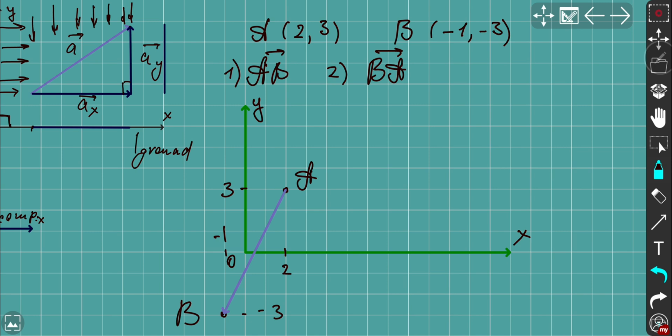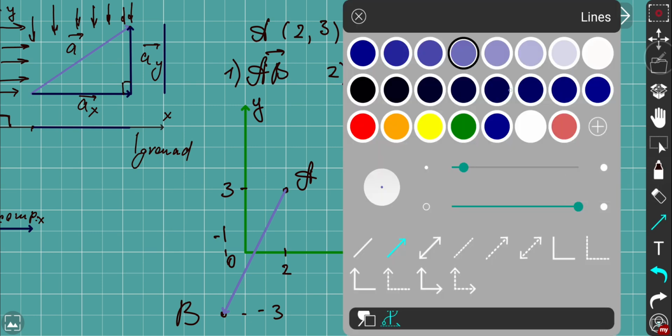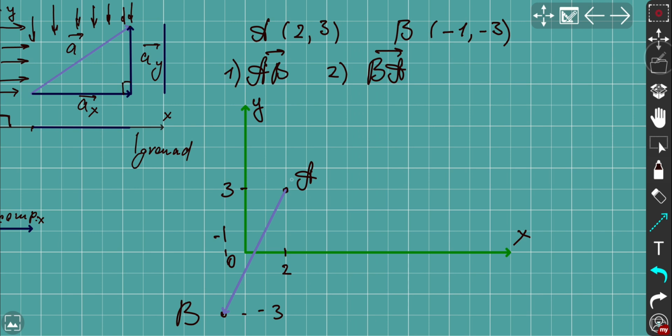So what we know about components. So I use black one, and let's use dashed line. So this is going to be a y component, it goes down. And this is going to be the x component. Let's estimate the length of each component.